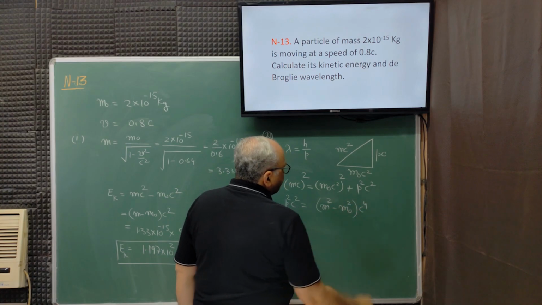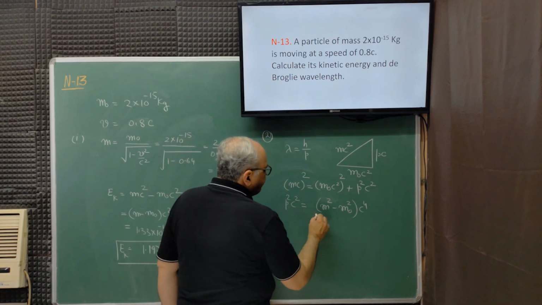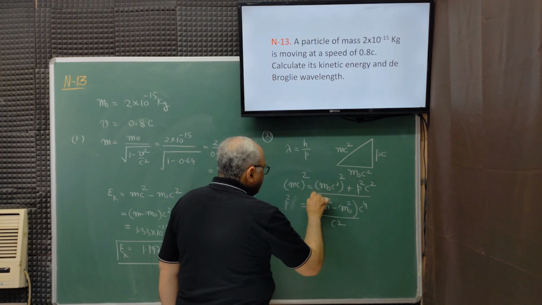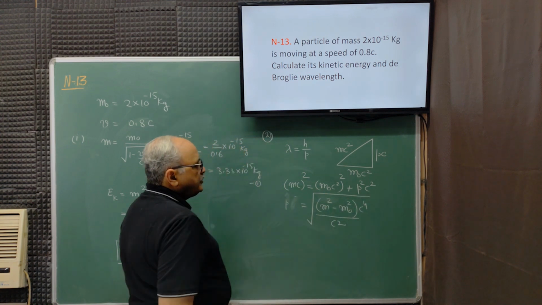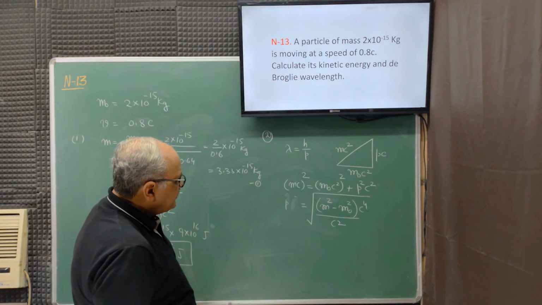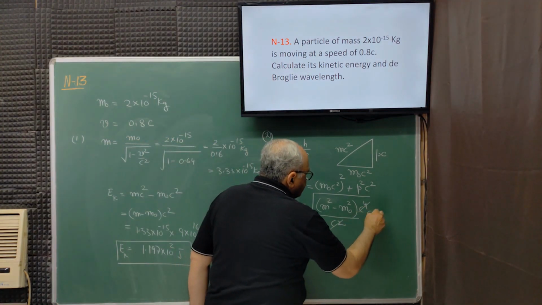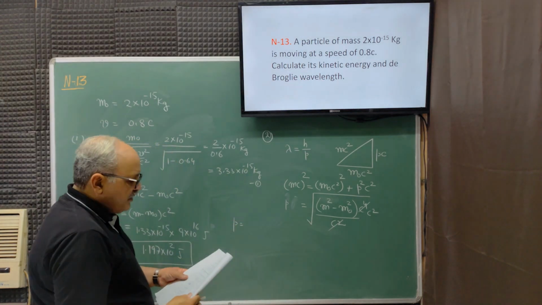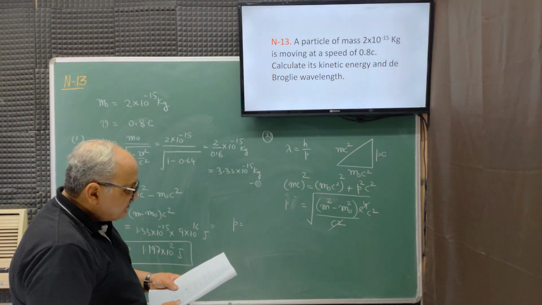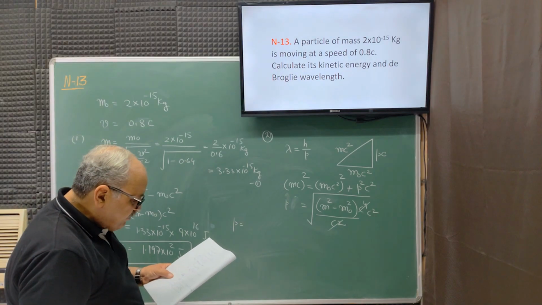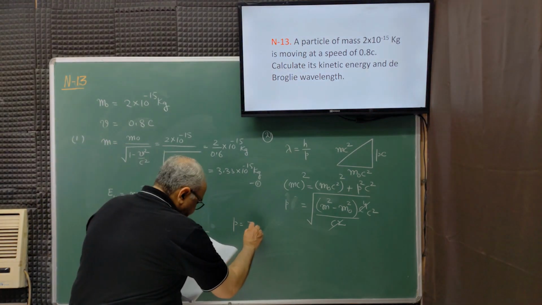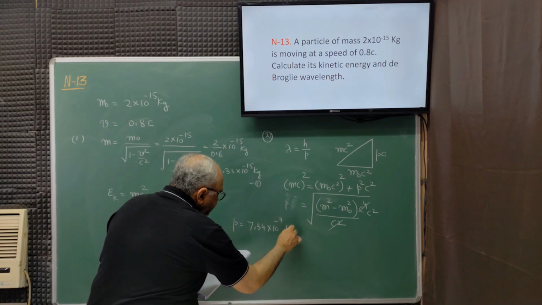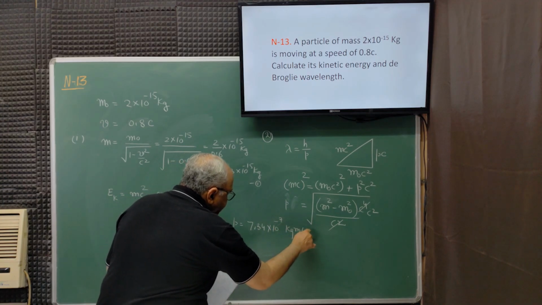You take this c to the power 4 and divide by c squared to get the momentum. So the momentum is given by p equals c times the square root of m squared minus m0 squared, and if you simplify, this comes out to be 7.34 times 10 to the power minus 7 kg meter per second.